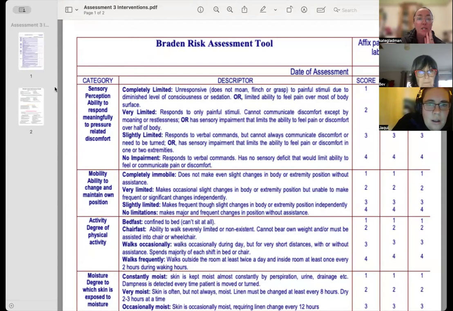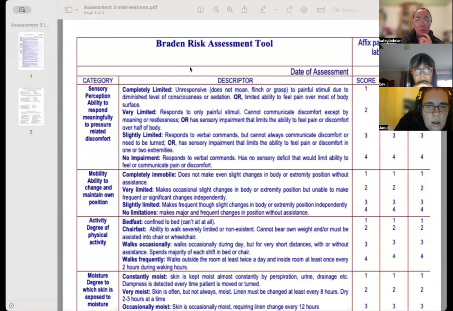Perfect. So this is a Braden risk assessment tool. For this example, we're going to use my patient. We'll start with sensory perception, ability to respond meaningfully to pressure-related discomfort. My patient, who was 80 years old, had a fall at home.